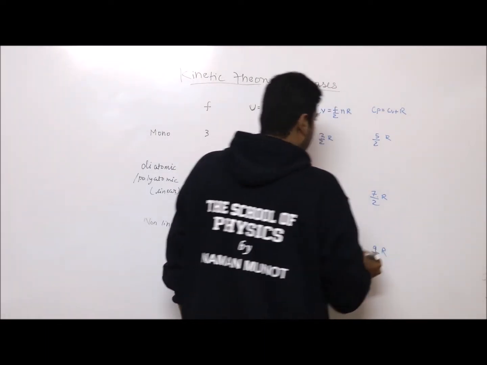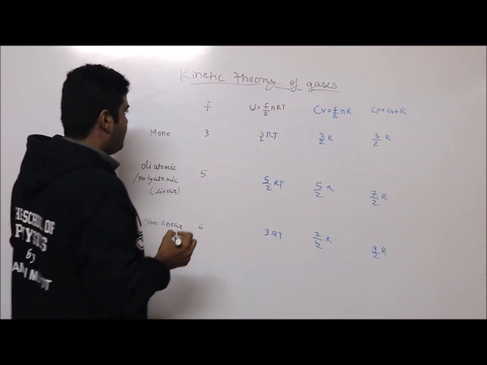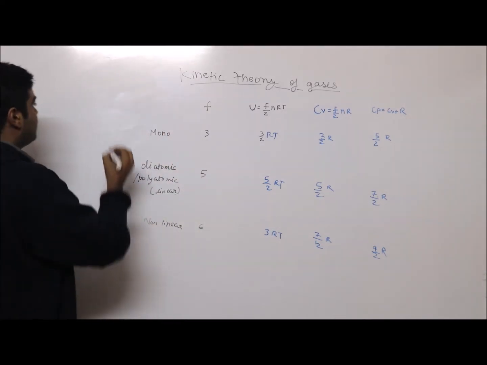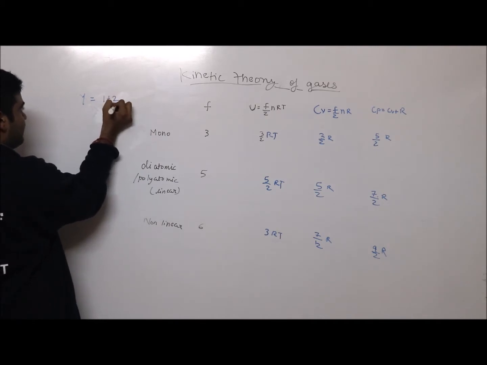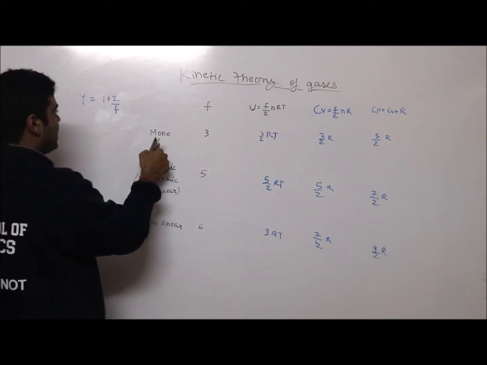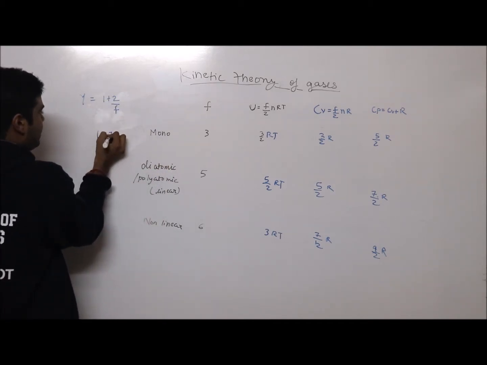Now this very important formula that I told you, of gamma, I'll write it down here. Gamma is equal to 1 plus 2 by F. So in case of monatomic gas, gamma is equal to 1 plus 2 by 3, which is 1.67.